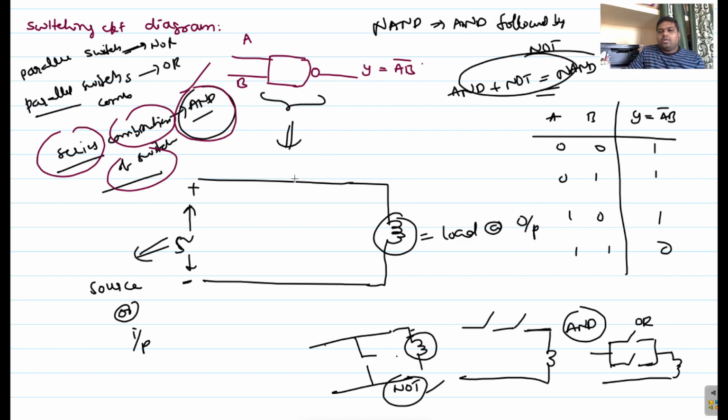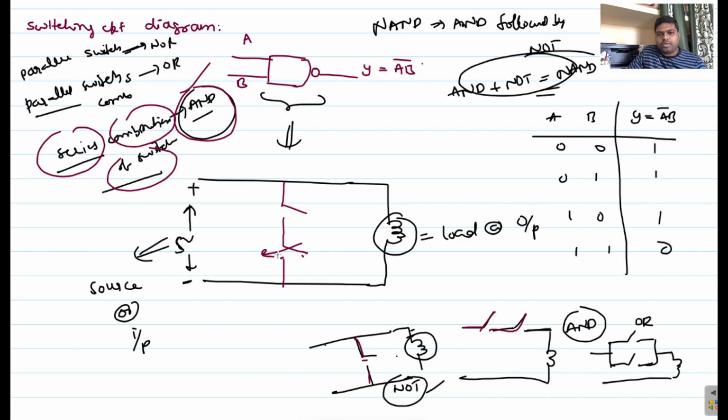So how do you implement this NAND switching circuit diagram? Whatever the series, this will provide our AND logic, and this will provide NOT logic. So we require AND plus NOT. That means we can implement the switching circuit diagram like this.